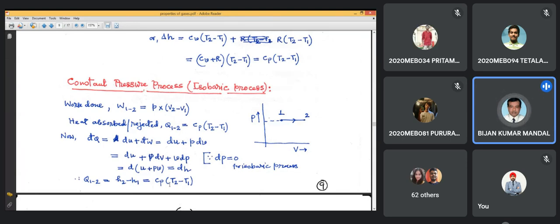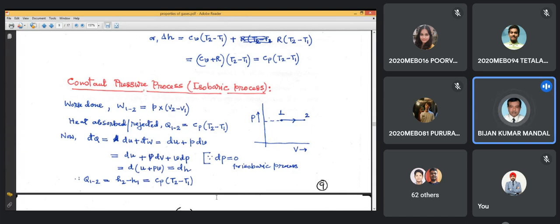Now dq is equal to du plus dw, that is du plus PdV. Then we also write du plus PdV plus VdP. We have added the term VdP because dP is equal to 0, no change in pressure, so we have basically added 0.